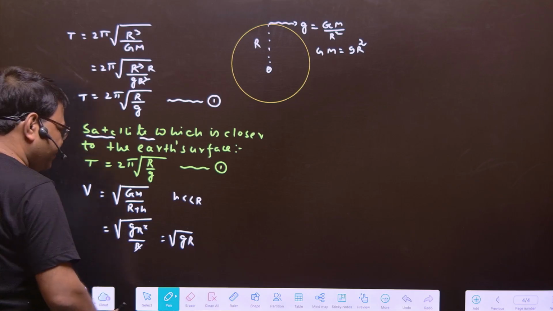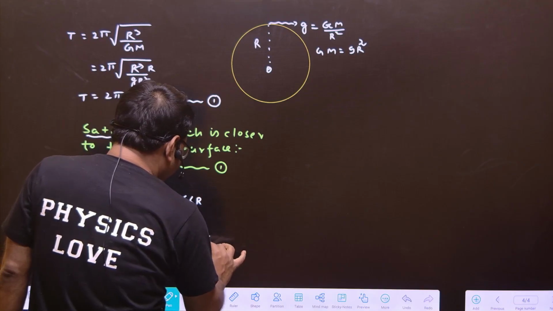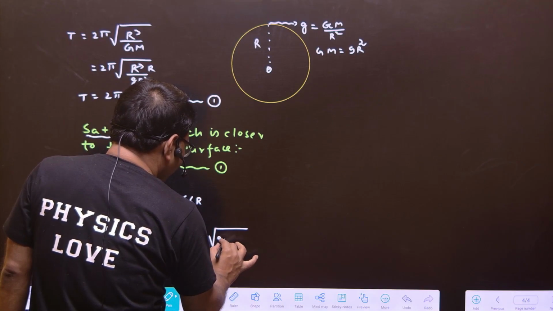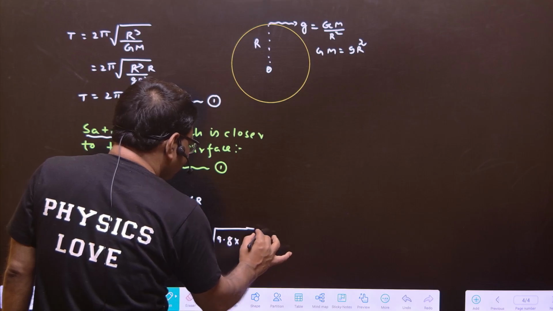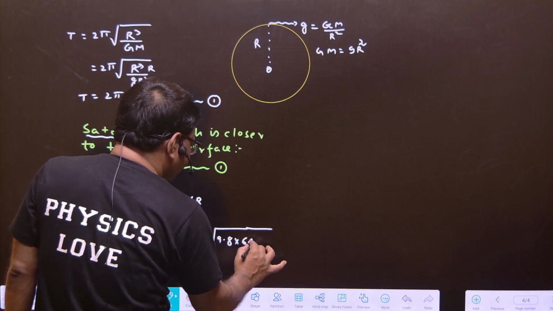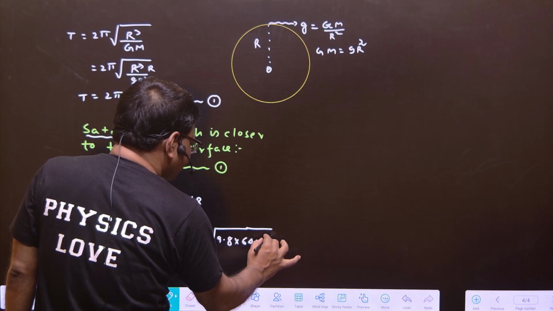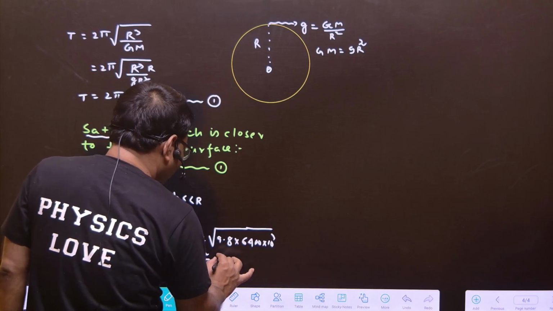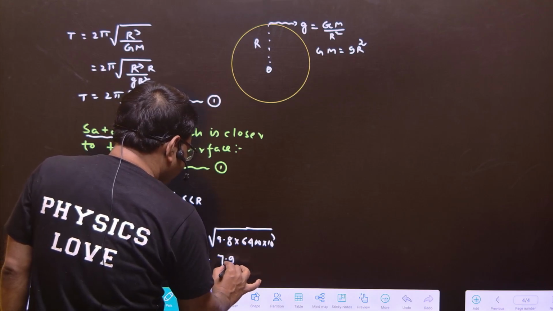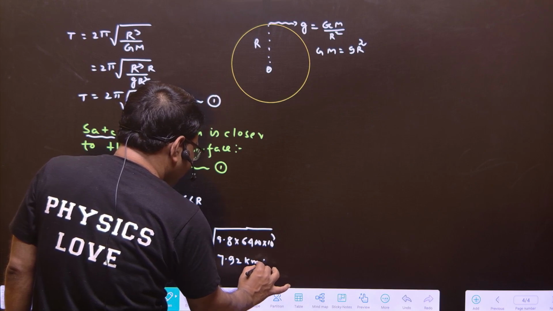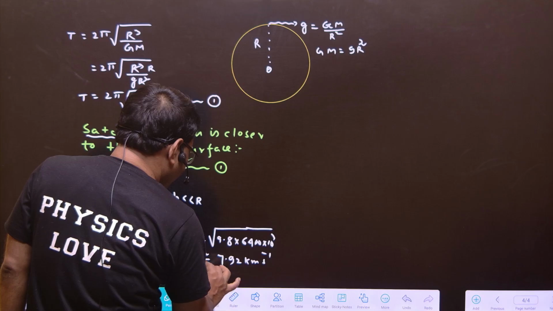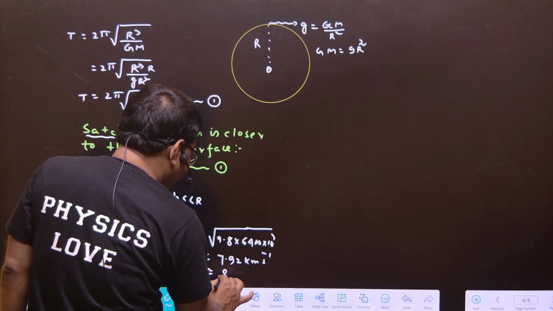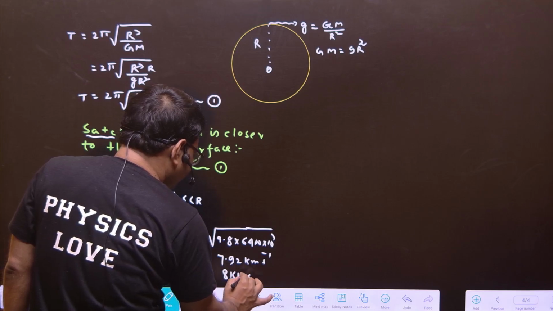Now put the value here. g approximately 9.8, r means 6400 kilometer, converted into meter, 10 to the power 3. This calculation will come to 7.92 kilometer per second, or equivalently approximately 8 kilometer per second.